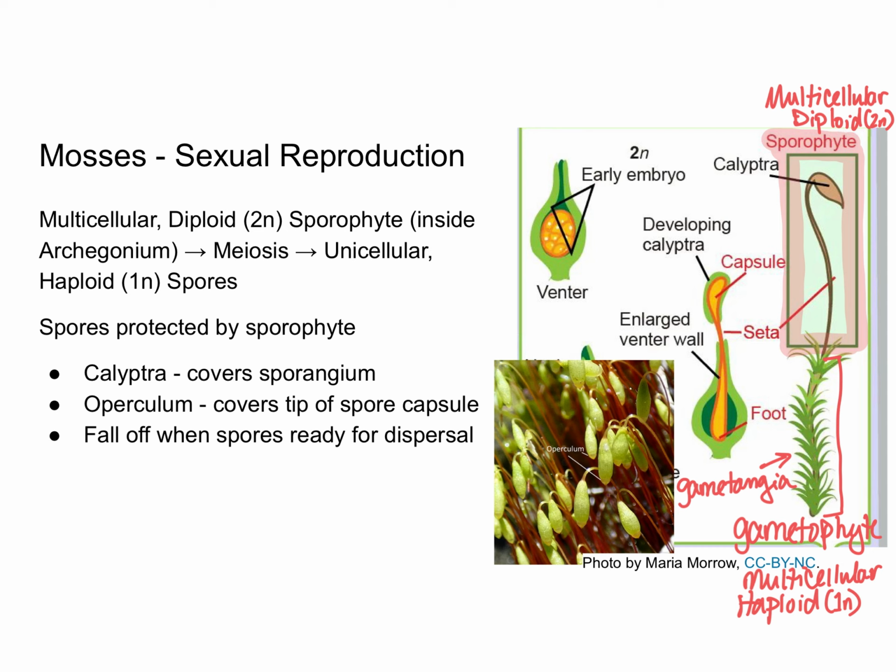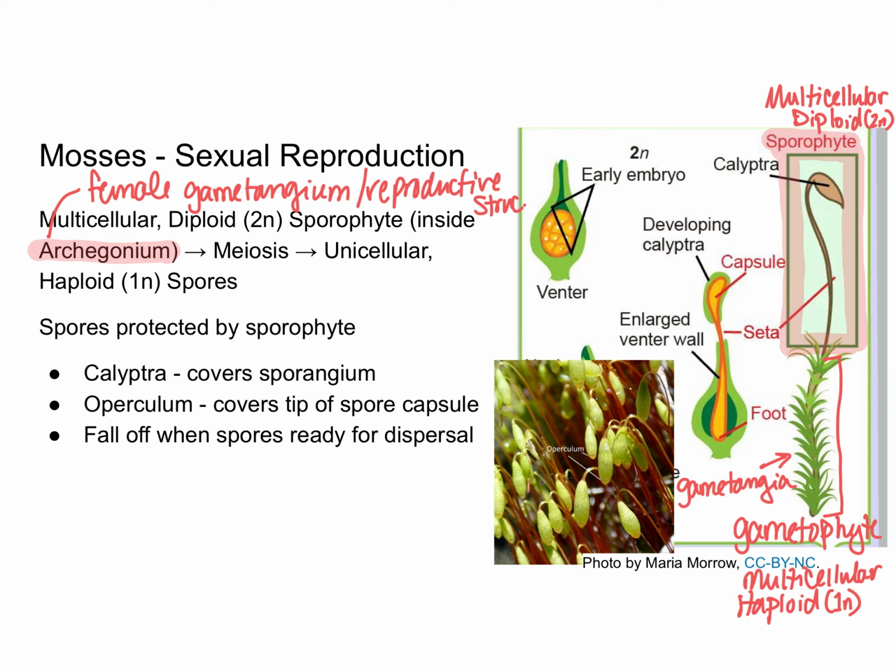And the female gametangia are known as archegonia, or archegonium is the singular. So the sporophyte actually develops in the archegonium and stays attached to it.